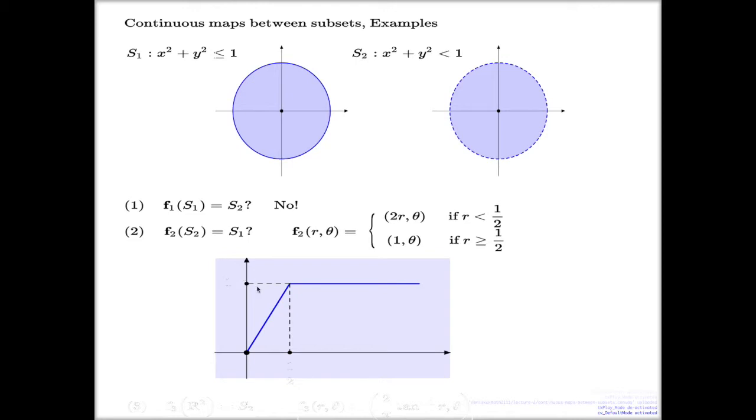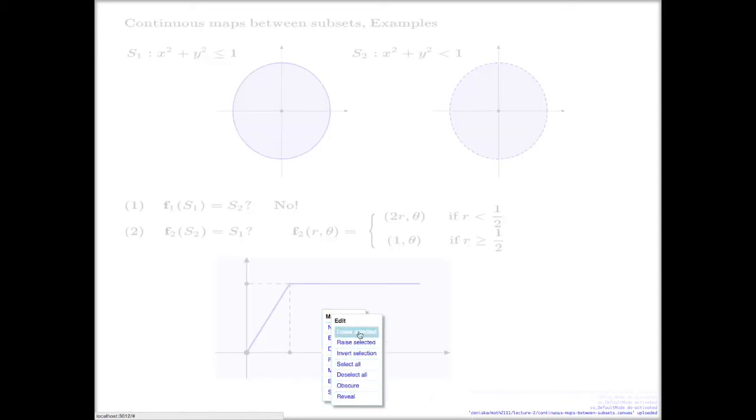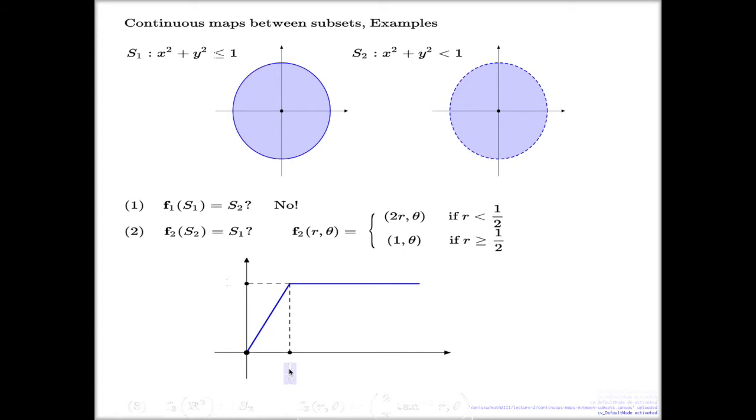So this is what happens with r. This is the 1/2 point. This is the point 1. So r becomes 2r when r is less than 1/2. So on this piece of the horizontal axis, that's how the function looks.